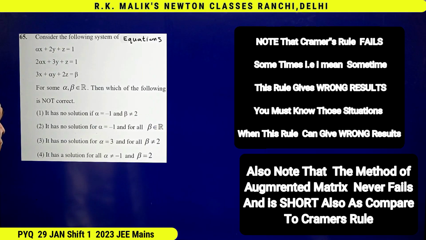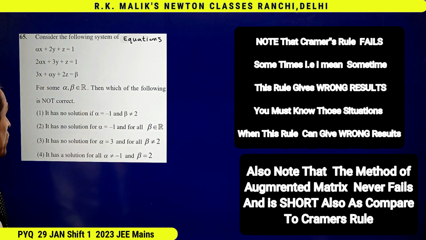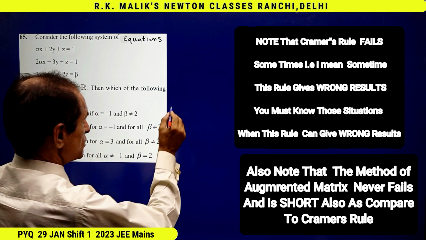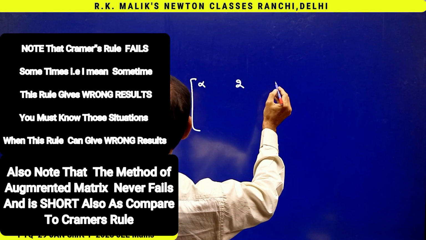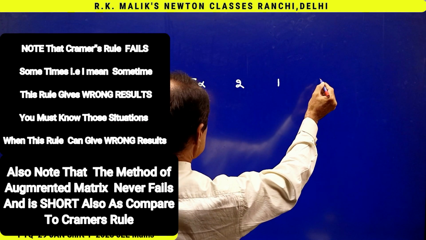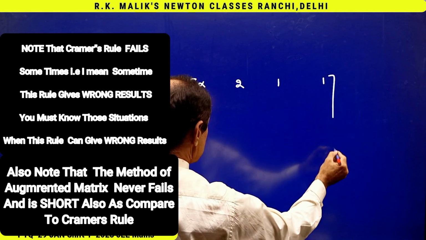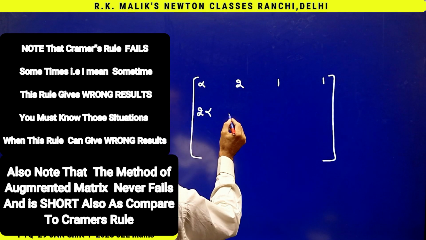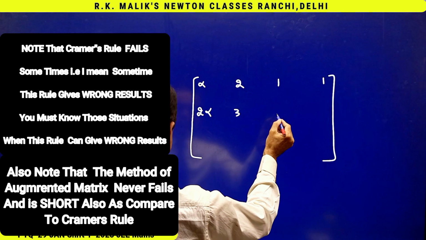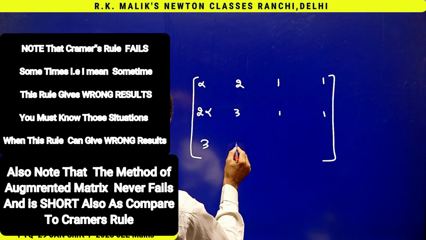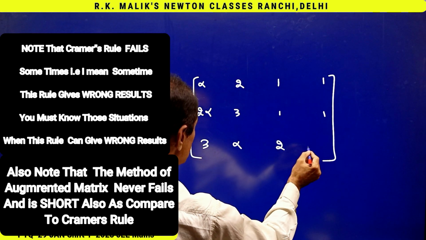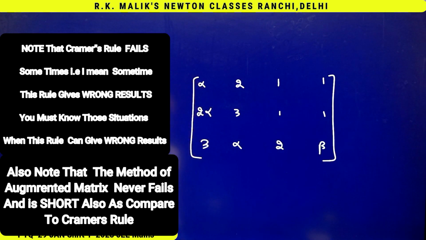It's clear that the augmented matrix for the given three equations is [alpha, 2, 1, 1], [2 alpha, 3, 1, 1], [3 alpha, 2, beta].